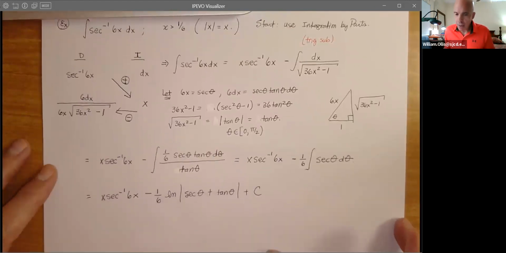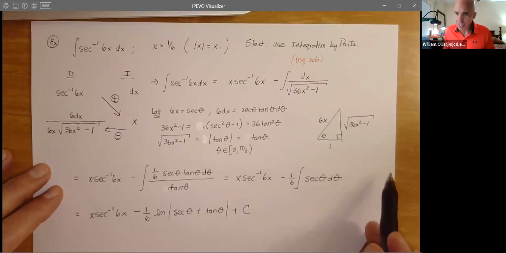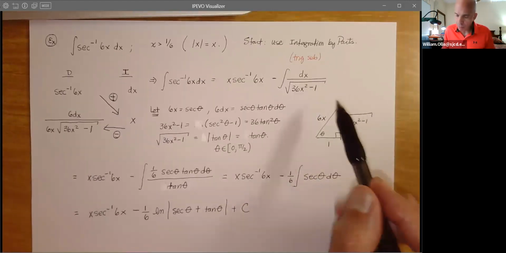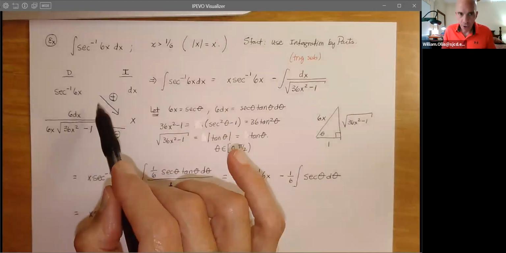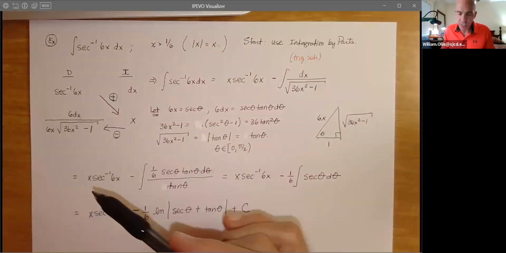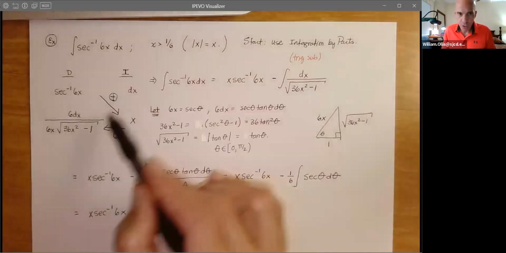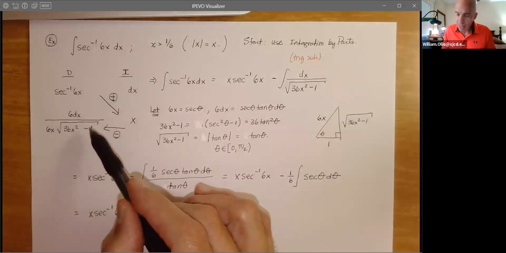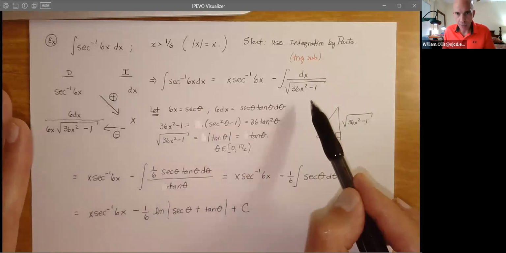So again, when we look at this problem, at first it's like, man, this is difficult, but it's not so bad. We start with integration by parts. This is probably the most difficult trig sub we've done so far, because we have to start with integration by parts, and then we have a substitution, which is a little bit atypical.